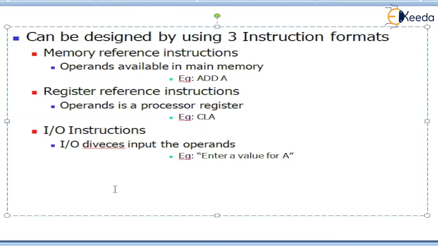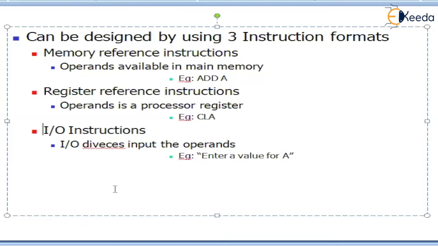You know that every instruction requires an operand, right? In order to execute an instruction, I need to get an operand somehow or the other. Now we are talking about the location of the operand. When you are executing an instruction and you're going to get an operand, you need to understand where the operand can be available.